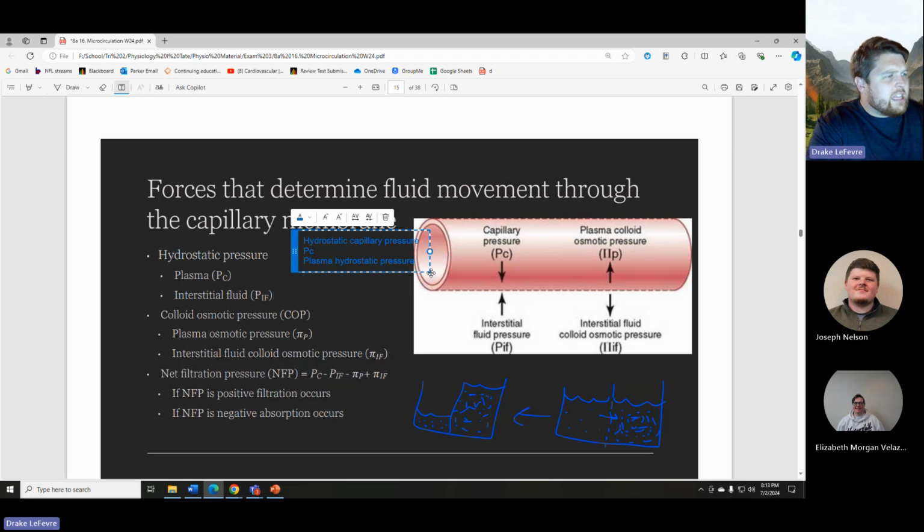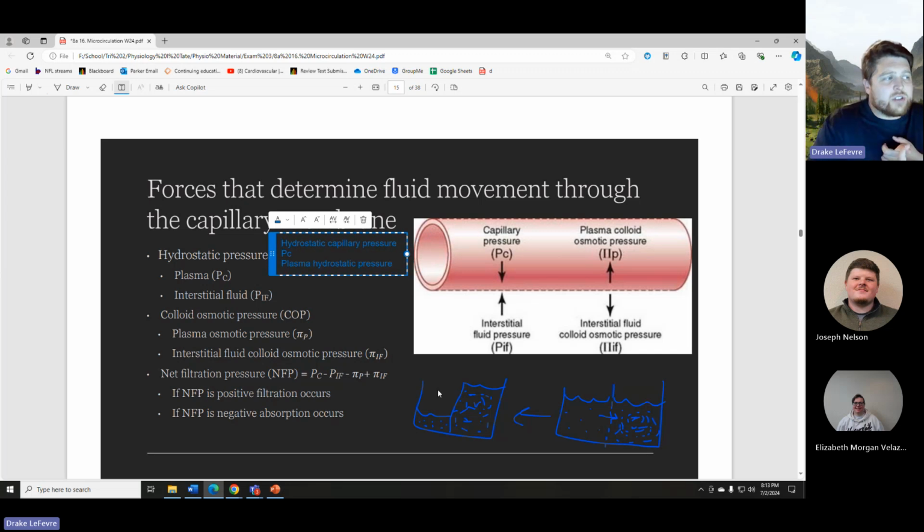Those are the main ones you're going to get. You can add and make up any additional kind of names. If it says the words hydrostatic, capillary, and plasma, any of the three combined, at least two of them combined, you know that you're talking about this pressure right here. That capillary pressure that's pushing fluid out of the capillary.